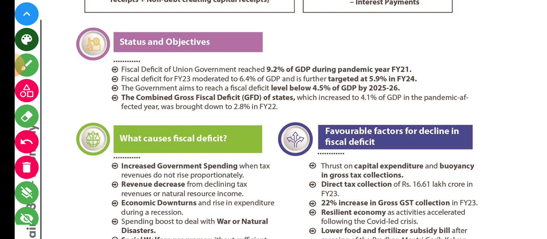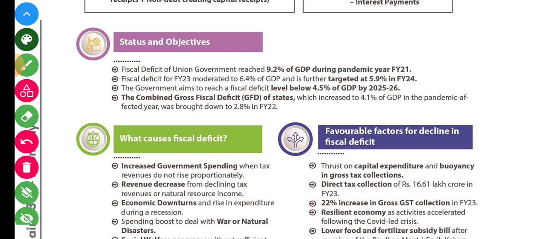Fiscal deficit for financial year 23 moderated to 6.4% of GDP. This need not be remembered for the personality test, because the next revised estimate of the government will come in the budget 2024-25. It can be remembered only from the mains perspective.